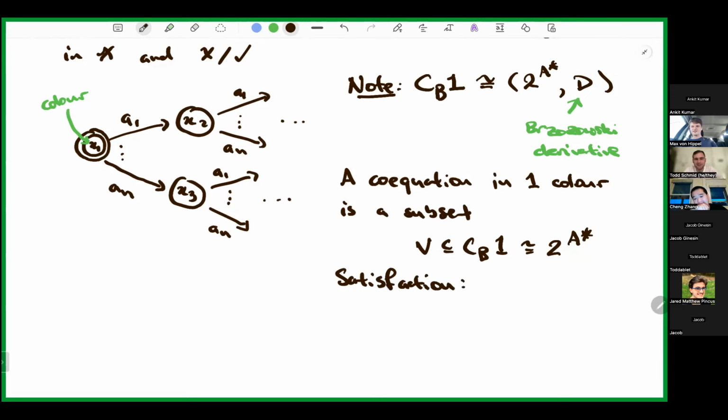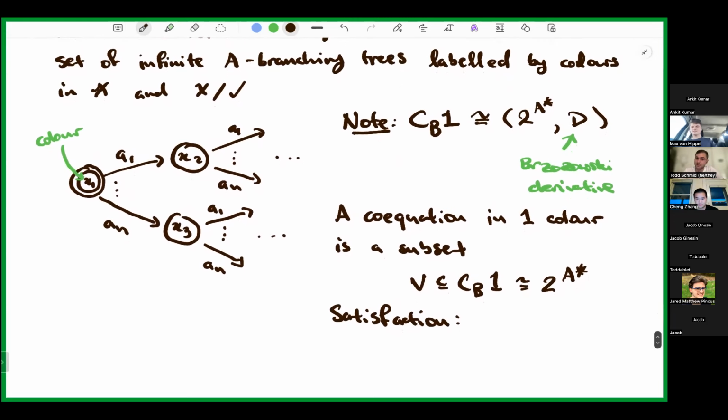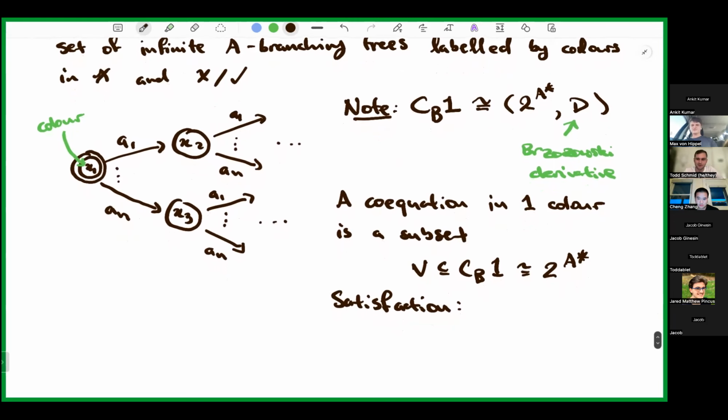And can anyone guess what satisfaction should be? When does a deterministic automaton satisfy a coequation in one color? It accepts. It accepts everything. All strings. So a coequation just needs to factor through the subset, right?